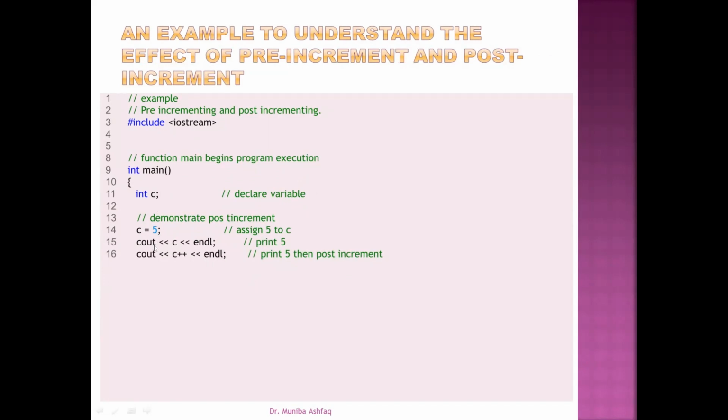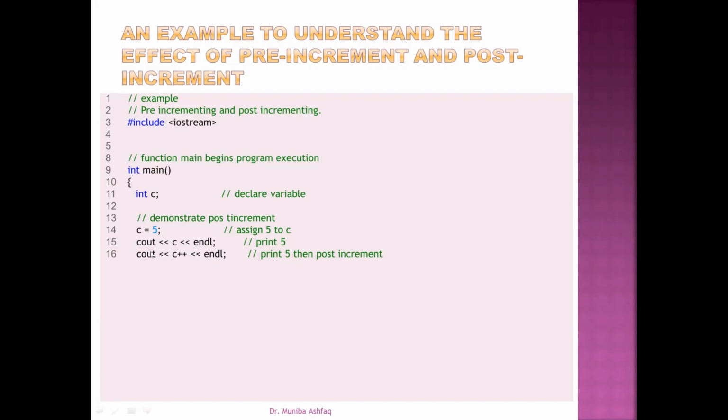So if you output this value of C, what will happen? Correct, C has the value 5, so obviously 5 will print on the screen. Then in the next statement, what is happening? It's the post-increment operator, used in an expression in the C++ statement.